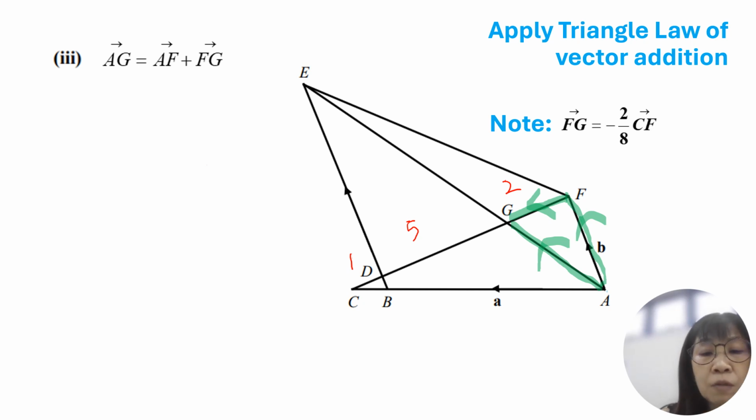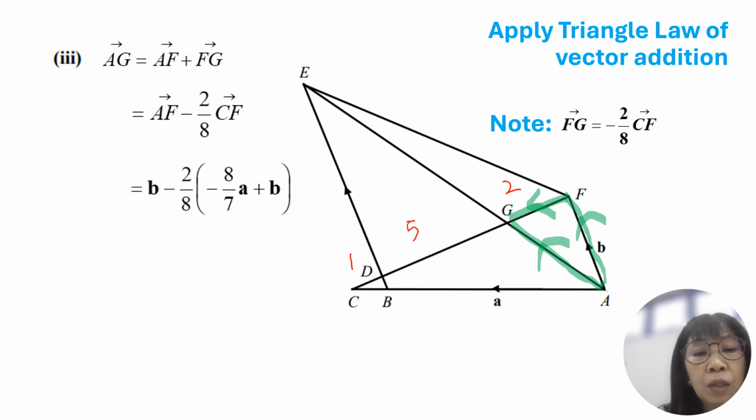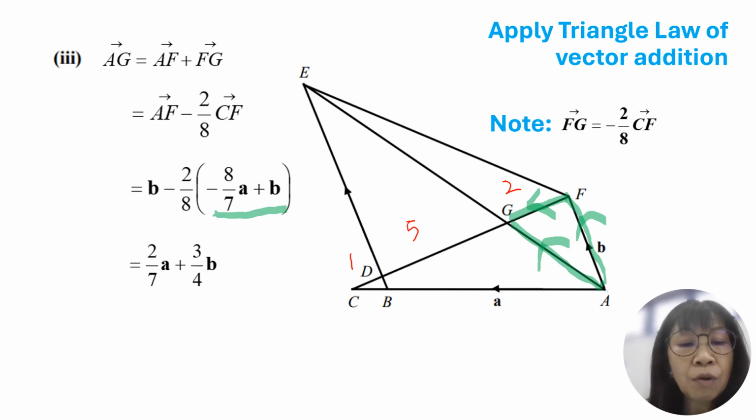Do I have AF? Yes, AF is simply vector B. So putting these together, we get vector B minus 2 over 8 of CF. CF is what we already have from part 1 of the section. Again, we will need to simplify, and as I simplify, we will derive 2 over 7A plus 3 quarter B.